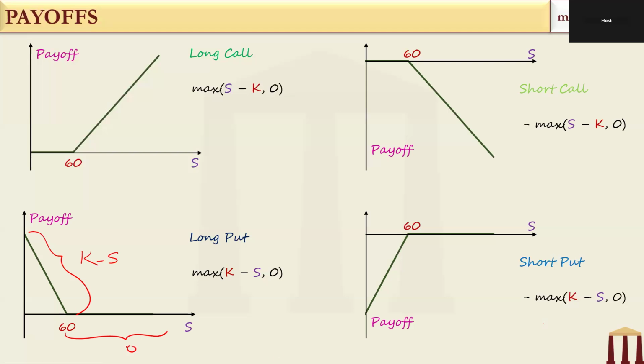Similarly in other cases, and never forget that the long position is the option holder. So long will never have a negative payoff, because long chooses to exercise the option when it is convenient for the long position. Short does not have any choice. Short must honor the obligations of the long position. If the long position chooses to exercise the option when it is having a positive payoff, short has no choice but to give in.